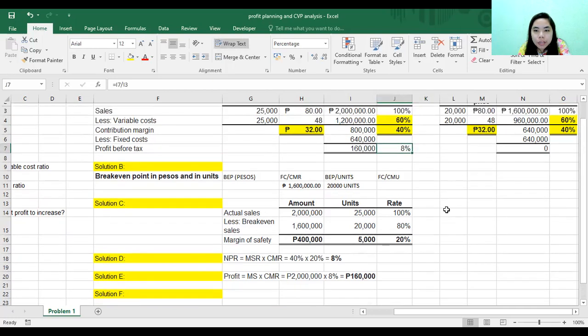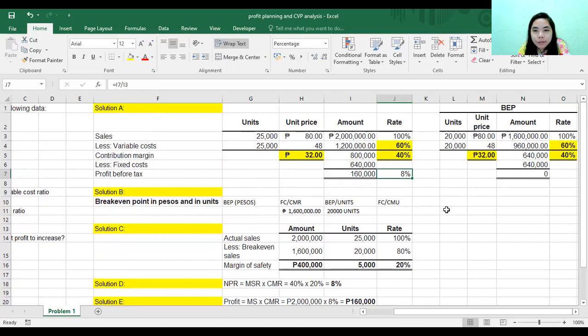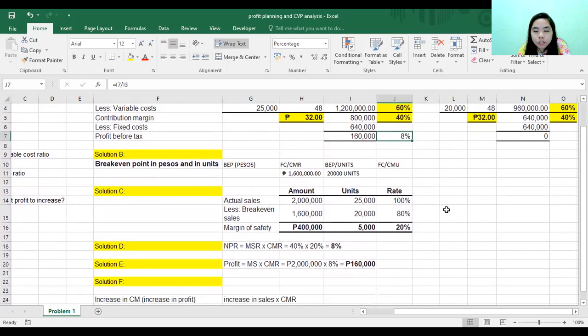How to explain this to you? I have something in my mind, but I cannot turn it into words. It's 20%, which is your margin of safety.